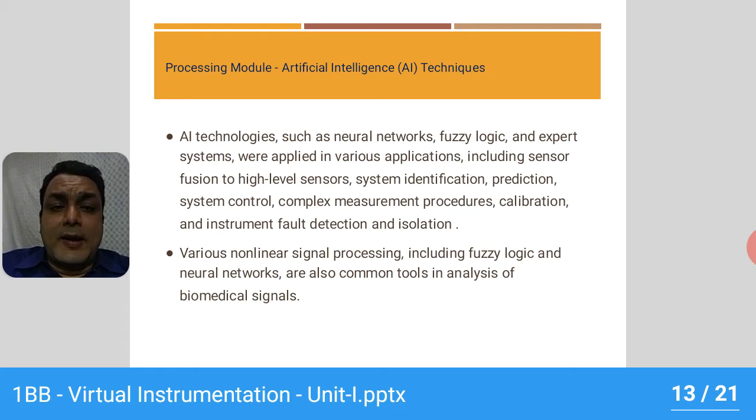They are applied in various applications, including sensor fusion to high-level sensors, system identification, prediction, system control, complex measurement procedures, calibration, and instrument fault detection and isolation. That means, as you see in the description on the slide, highly complex environmental conditions are measured, monitored, and controlled by using artificial intelligence techniques.